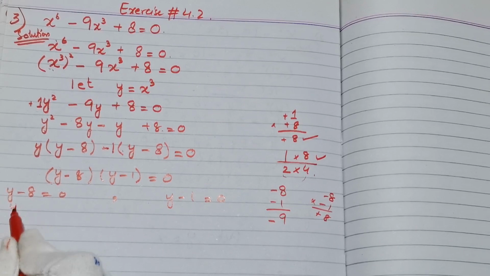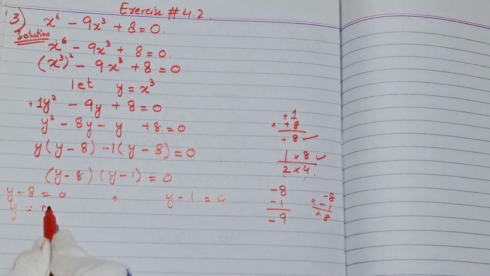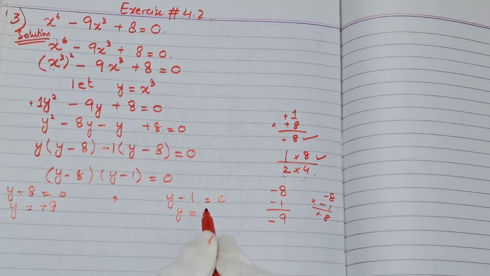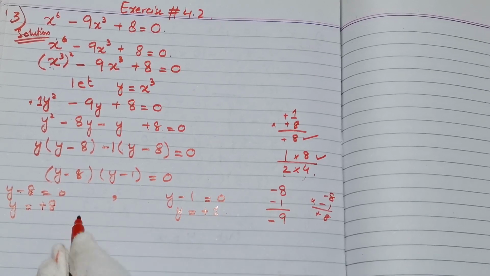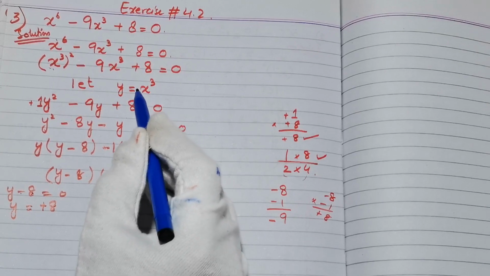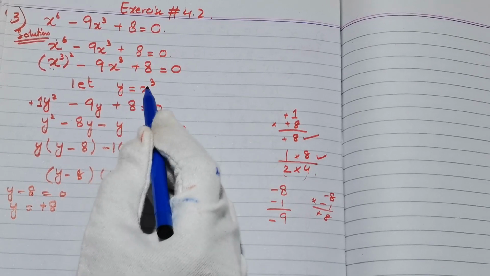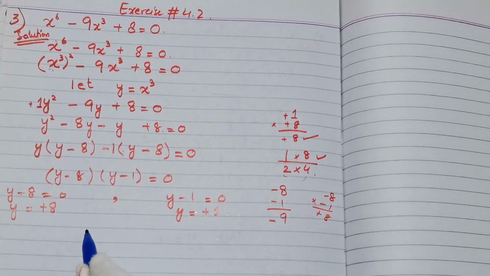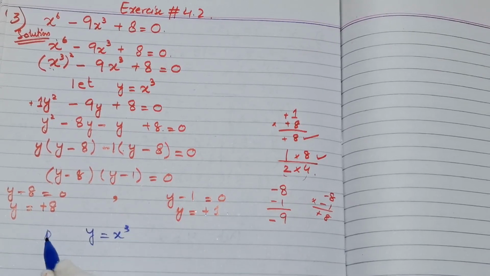So y minus 8 we take to the right side, minus 8 will become plus 8, and y minus 1 will become plus 1. Now here we suppose y is equal to x cube, and we put y equal to x cube.